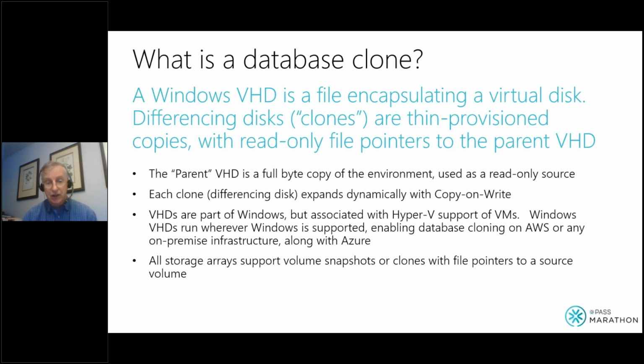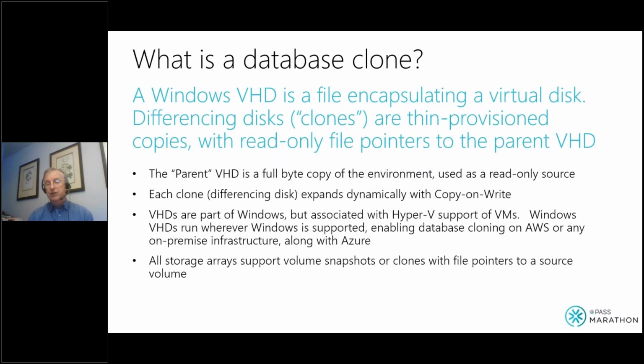As I mentioned, VHDs are part of Windows, and they often are associated with Hyper-V support, but wherever Windows servers are supported, you can build VHDs. The technology that we're going to look at today runs equally well on AWS as it does on Azure, and it runs on any on-premise infrastructure as well.